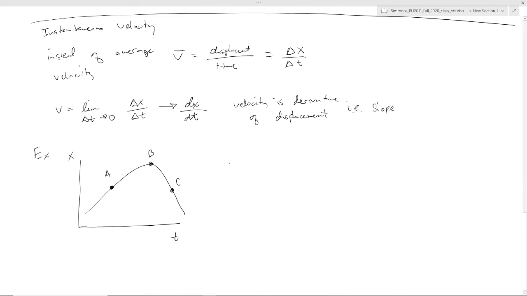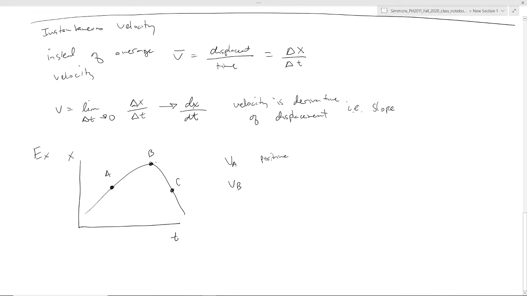So, for example, if we look at the slope at A, what can we see about it? It's positive. The slope at B, well, it's at the top. Is it changing?